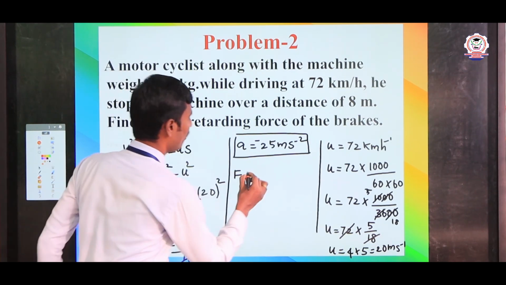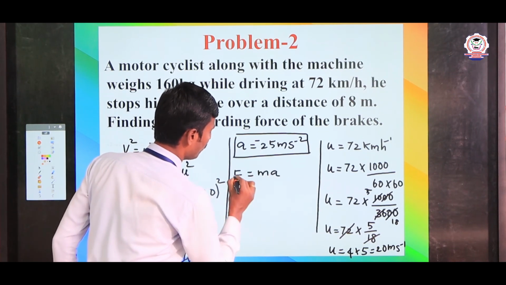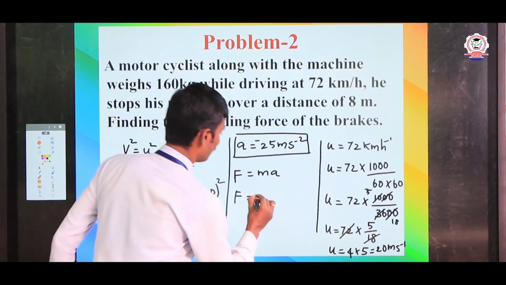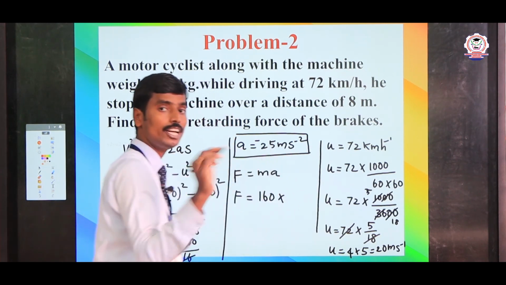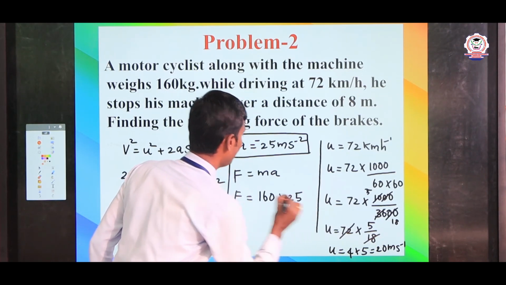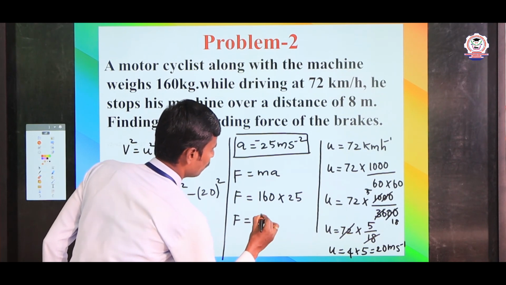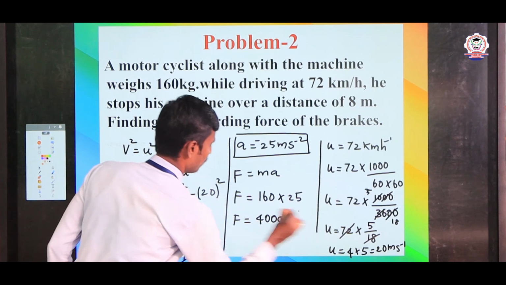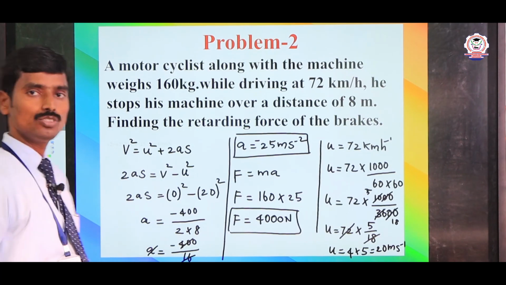F equals 160 kilogram into 25 meter per second squared, which gives 4000 Newton. This is the retarding force.